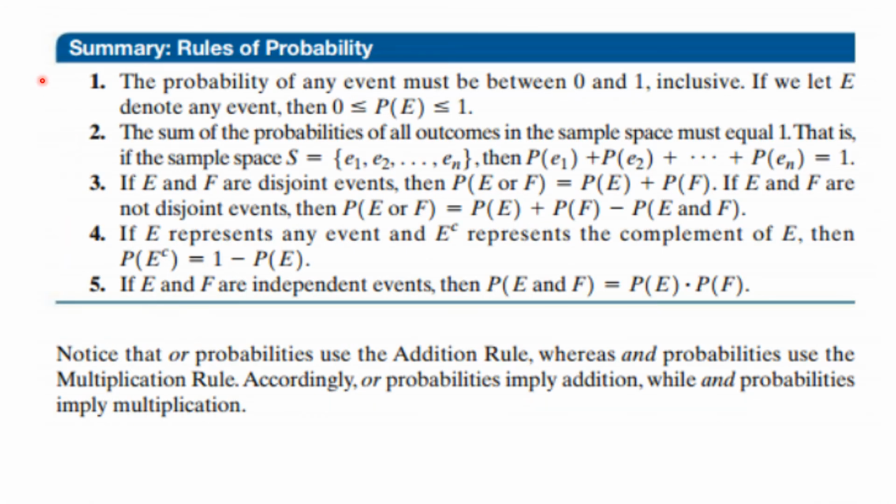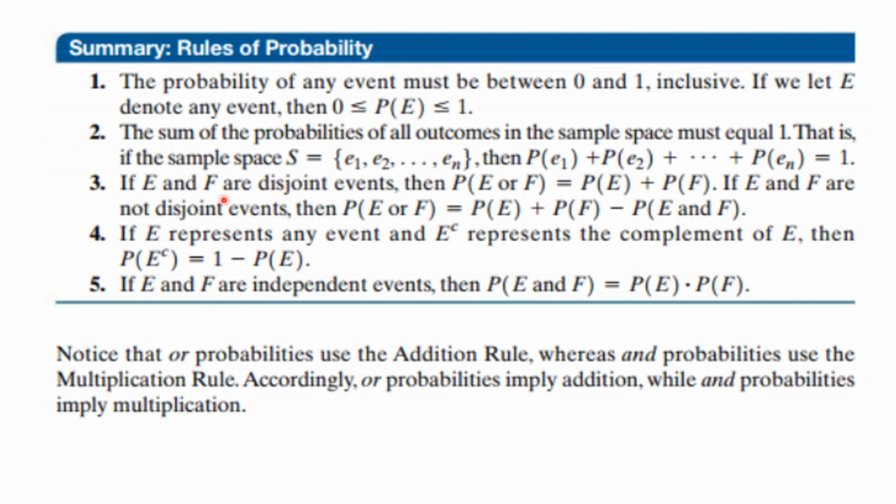So to summarize the rules of probability that we've covered so far, and we've done quite a bit: the probability of any event must be between 0 and 1 inclusive. So if we let E denote any event, then 0 is less than or equal to the probability of E, which is less than or equal to 1. If you add up the probabilities of all outcomes, it will equal 1.